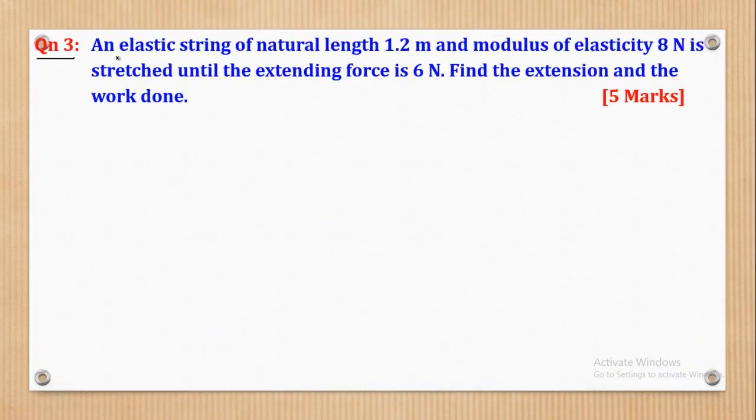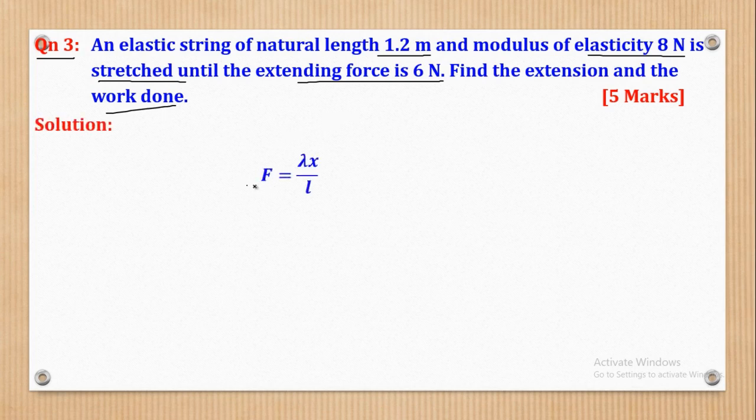Now we shall go to question 3, which says that an elastic string of natural length 1.2 meters and modulus of elasticity 8 newtons is stretched until the extending force is 6 newtons. Find the extension and the work done.